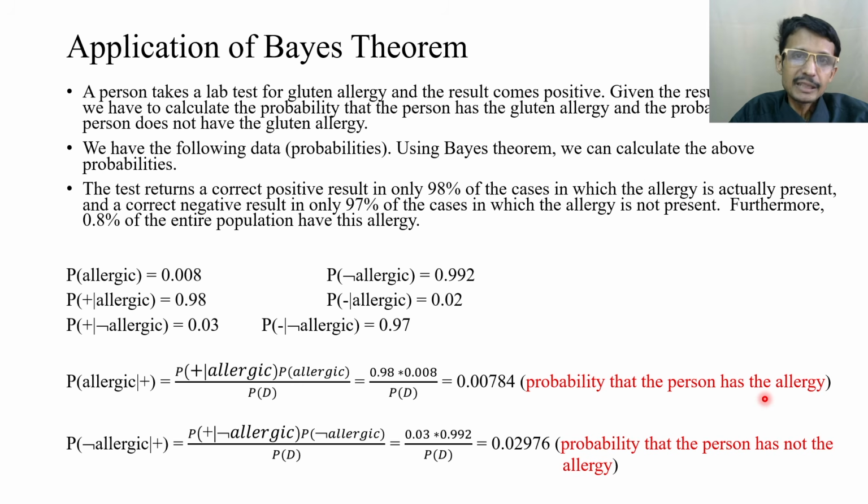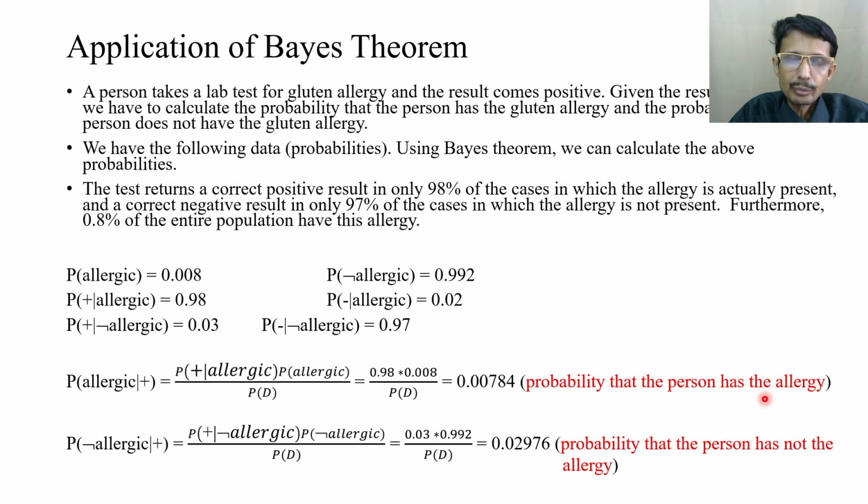Now there is one application of Bayes theorem, showing how a problem can be solved, for your understanding. A person takes a lab test for gluten allergy and the result comes positive. So this is the problem actually. Given the result is positive, we have to calculate the probability that the person has the gluten allergy and the probability that the person doesn't have the gluten allergy.